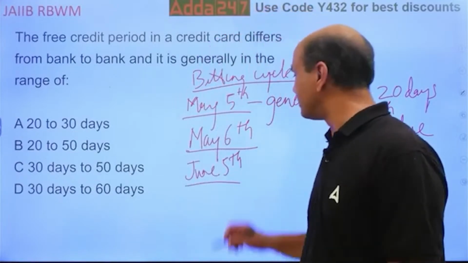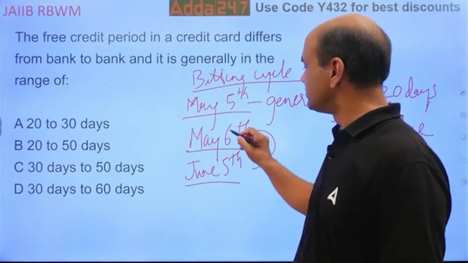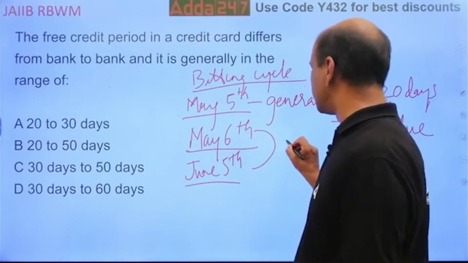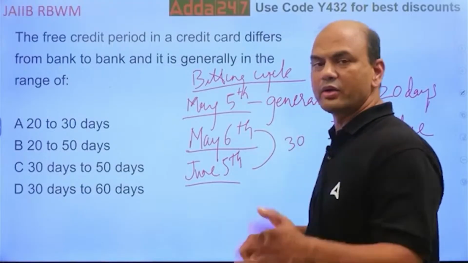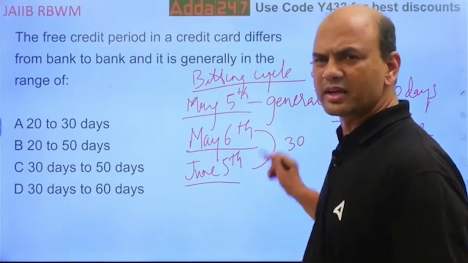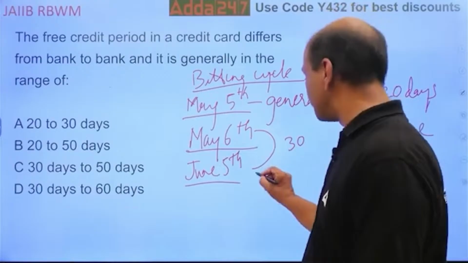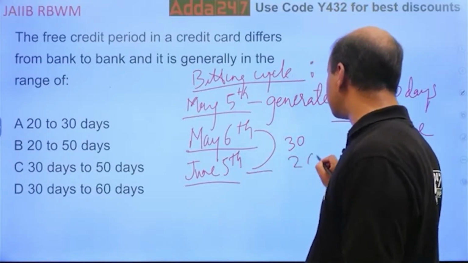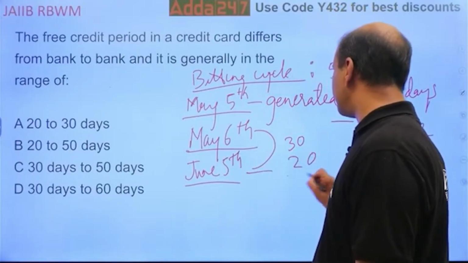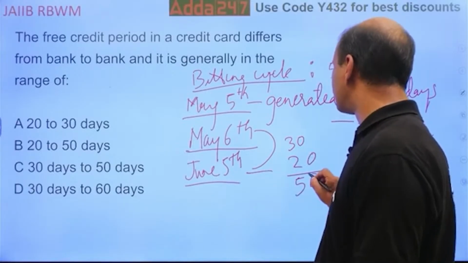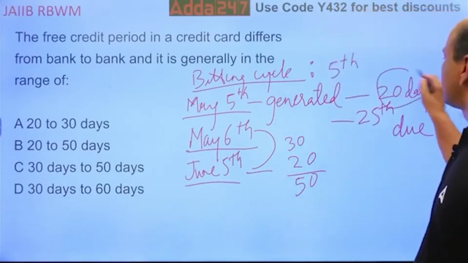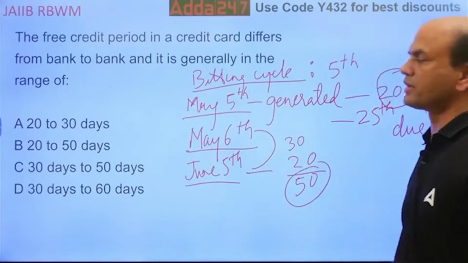So how many days am I getting free? May 6th to June 5th, almost 30 days, depending, 31 days. Roughly 30 days you will be getting. And after this also you are getting 20 more days. So 30 plus 20, 50 days you are getting free. So minimum you are getting 20 days free and maximum you are getting 50 days free.